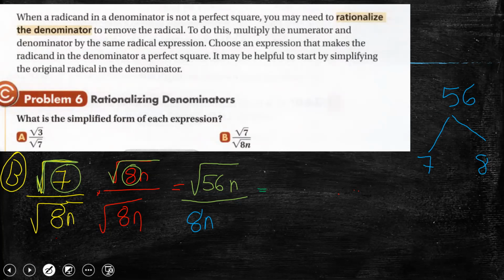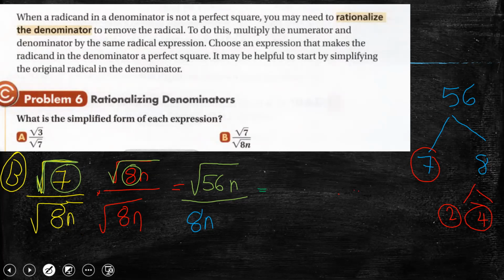Now, how? We have 8, which is 2 times 4. Look at the three numbers that I stopped with: 7, 2, and 4. Which one from these numbers is a perfect square? 4.